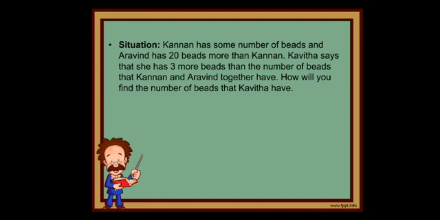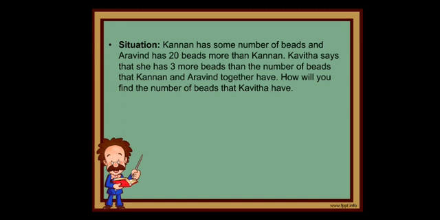So here they have given Kannan has some number of beats. Aravind is having 20 beats more than Kannan. And Kavita is having 3 more beats than the number of beats that Kannan and Aravind together have. So we have to find out the number of beats that Kavita has.